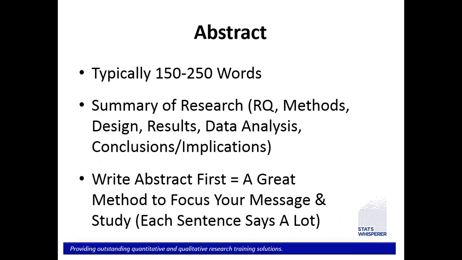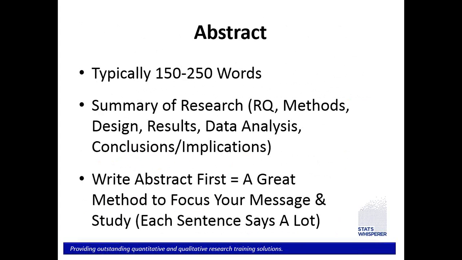So each sentence in the abstract, out of 150 to 250 words, it's 5 or 6 sentences, and you have to boil down the entire study to those 5 or 6 sentences. So it really helps you underline what the central purpose of the study was, what the findings of the study are, and the recommendations from the study.